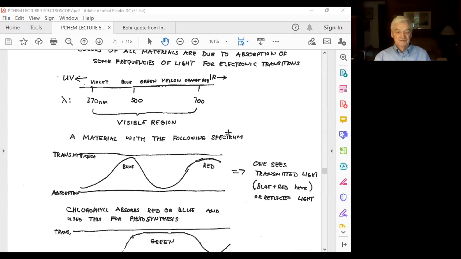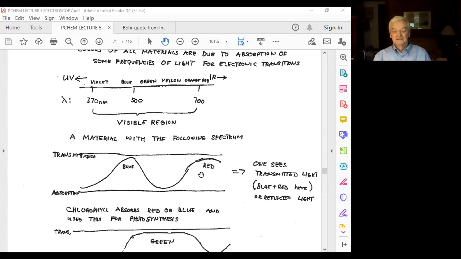Okay, so just so we're thinking alike, let's say this is an absorption spectrum of some material. If it absorbs here and here, but doesn't absorb blue and red, then what we're going to see is the blue and red being reflected.